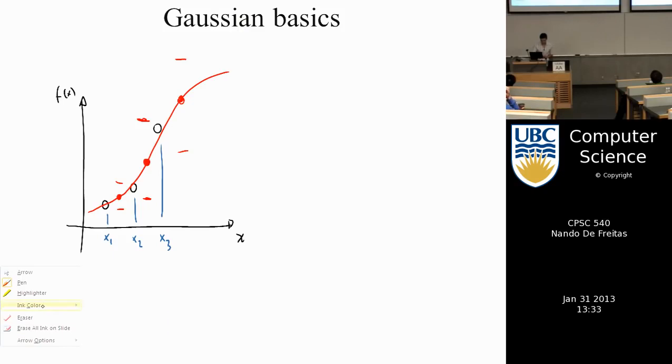I also have a function that gives me these confidence intervals. If I connect the confidence intervals, let's use purple, I will get something that will look like this.